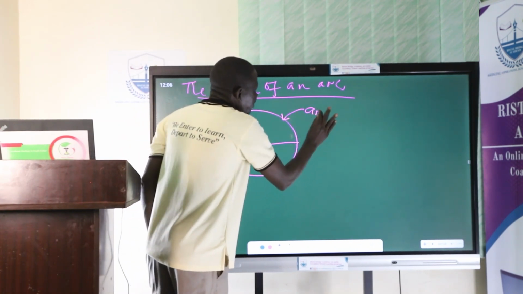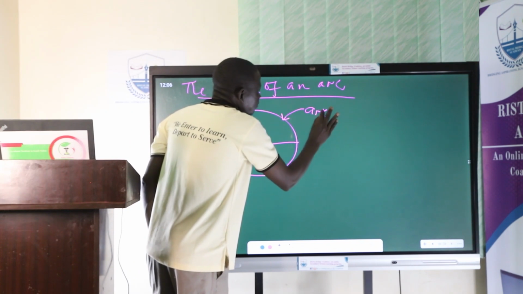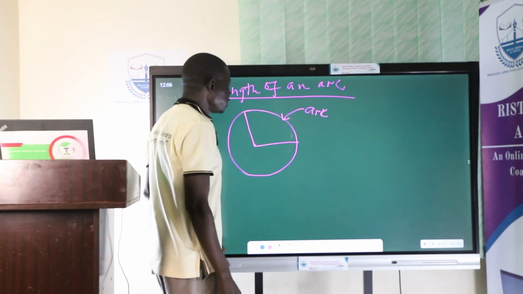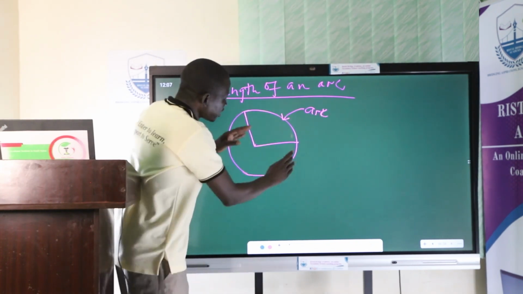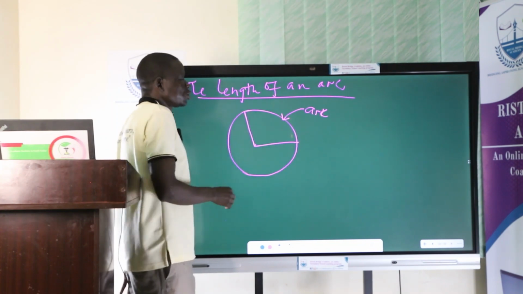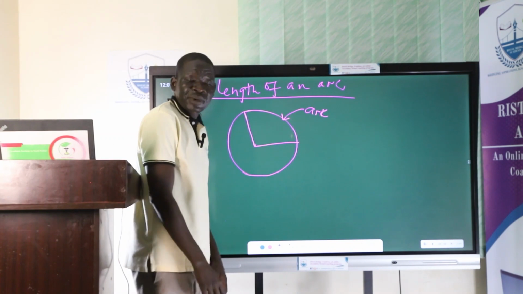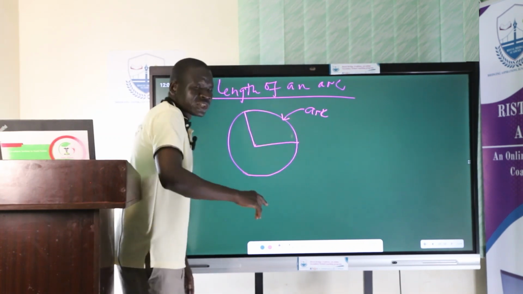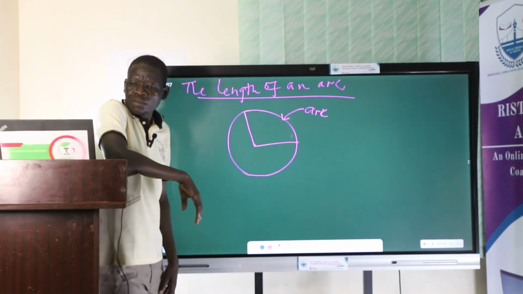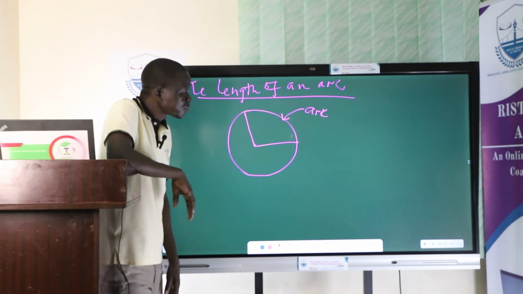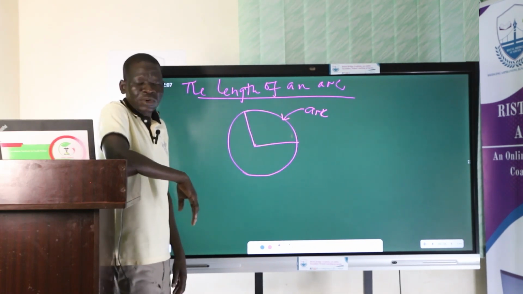Since this part is small, we shall call it the minor arc. Then this becomes the major arc. Now, how do we find the length of the arc? For example, from point A to point B.